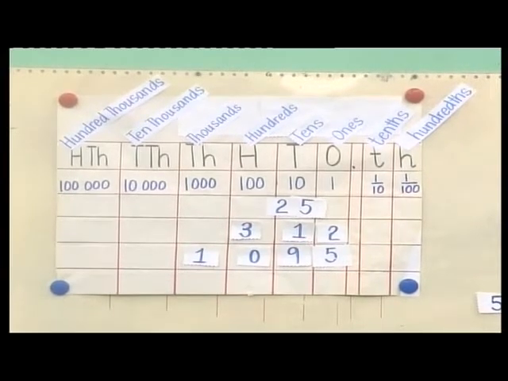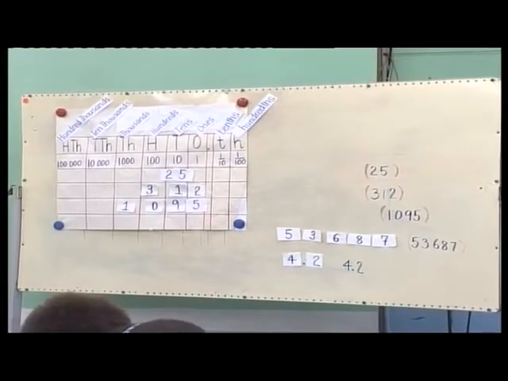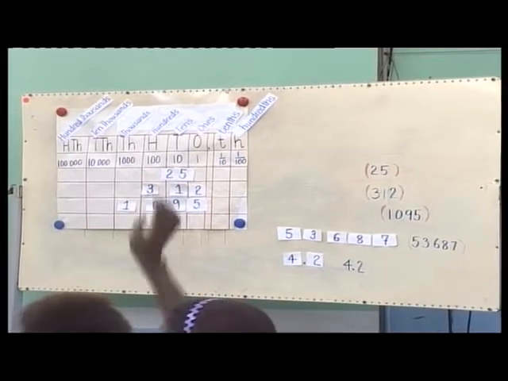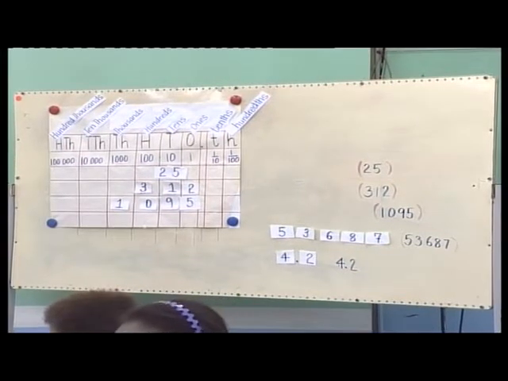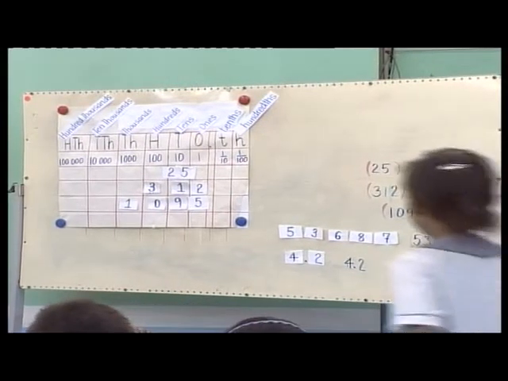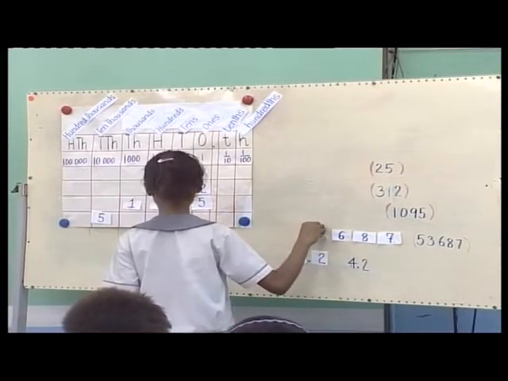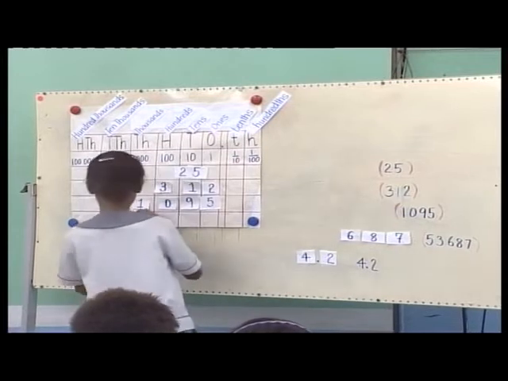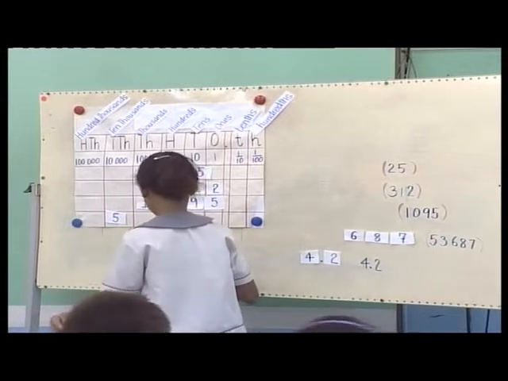Rose. Christine. Christine, you're doing the last one quickly. It's falling down. Wait.